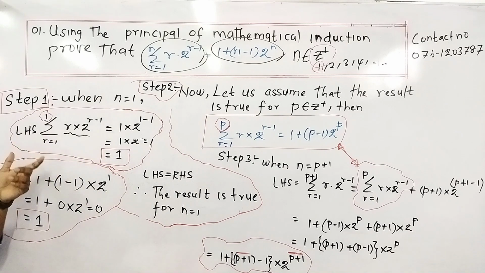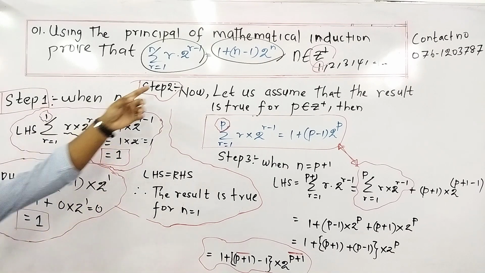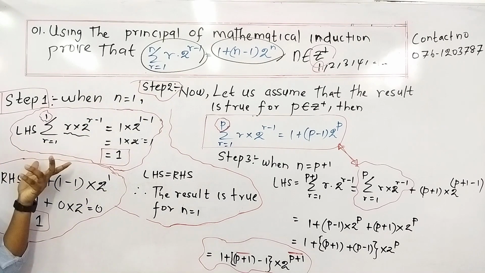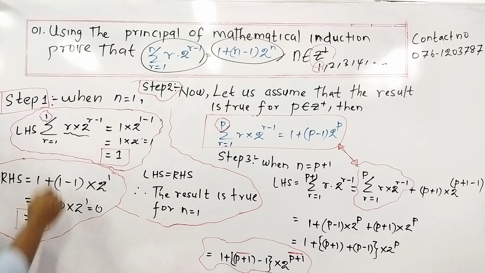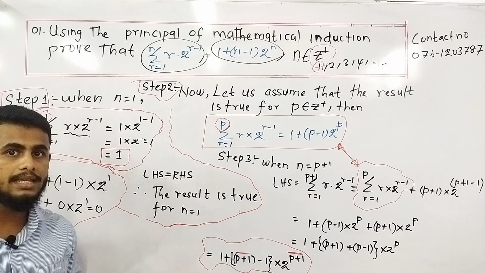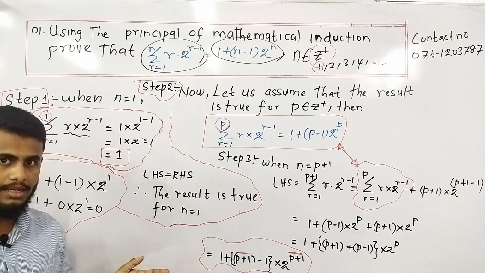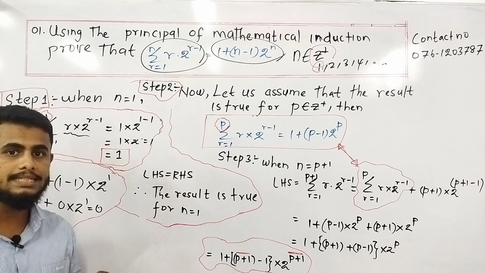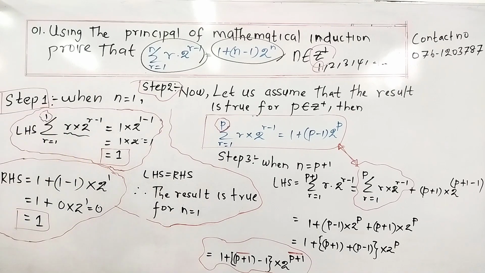That's why I am taking the LHS here and checking whether it is true or false. So in the summation from r equals 1 up to 1, here instead of n I put 1. The least number that n can take, that is what I am going to check, right?